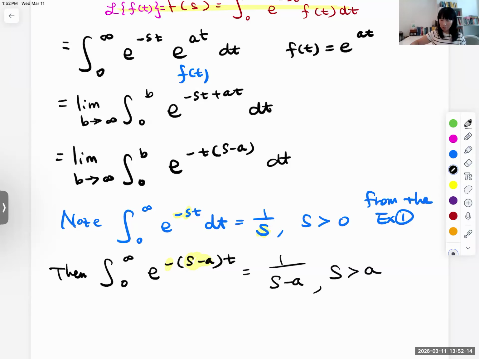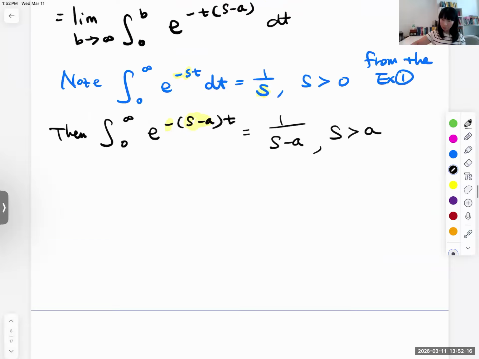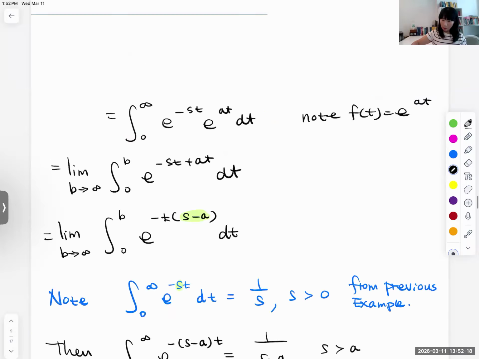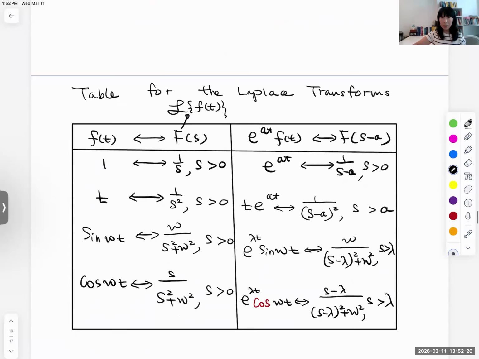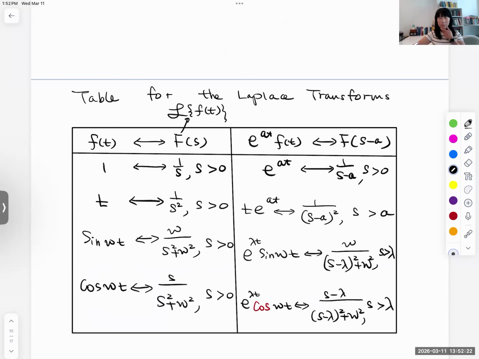Okay. Now we have the table for Laplace transforms. So we did that. The example number 1, we did, right? Then we get the Laplace transform 1 over s. If the function is t, then we have 1 over s squared.